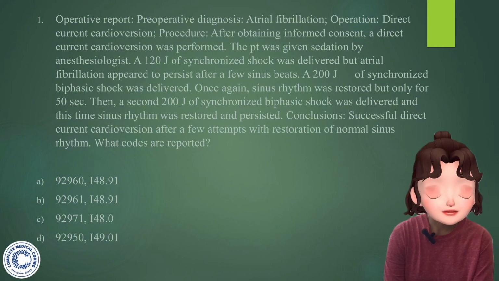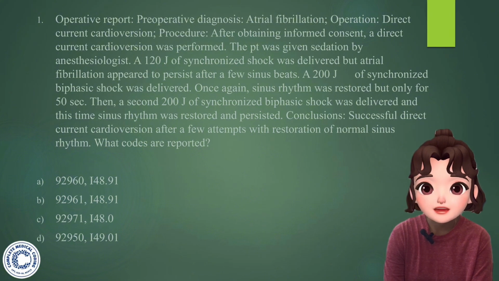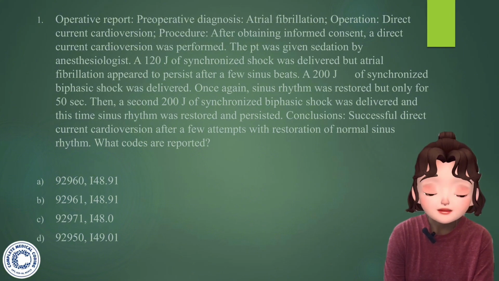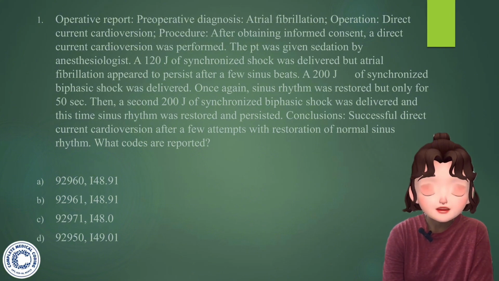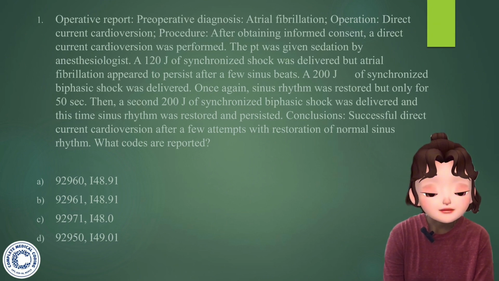What is 92971? Cardio assist, method of circulatory assist, external. No, that's a wrong code, it is not the CPT that we want. And what is 92950? Cardiopulmonary resuscitation.